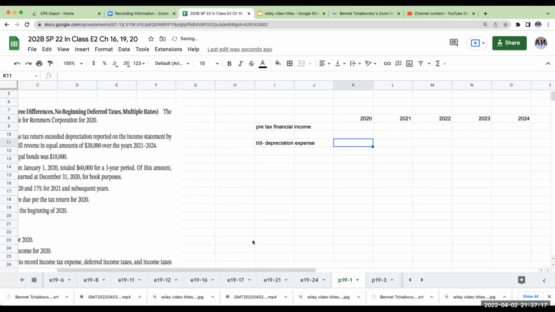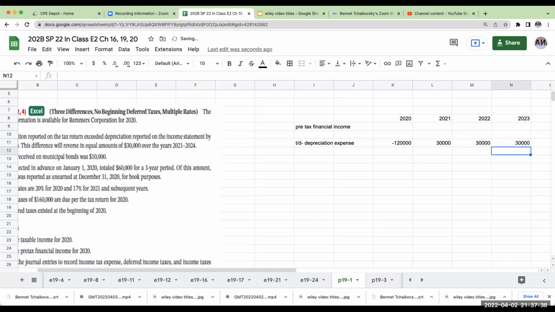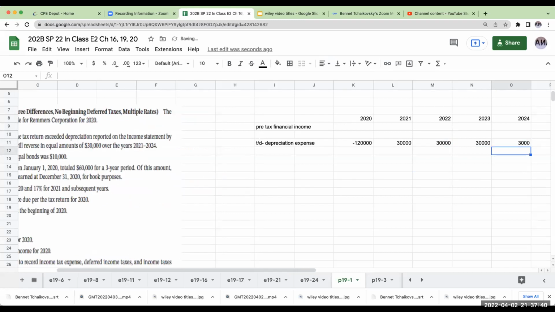So in 2020, it tells me right over here, my tax return exceeded the income statement. So this would be a deduction of $120,000 from my pre-tax financial income. But then in terms of how this is going to reverse, it's going to reverse out by $30,000 over each of the next subsequent 4 years.